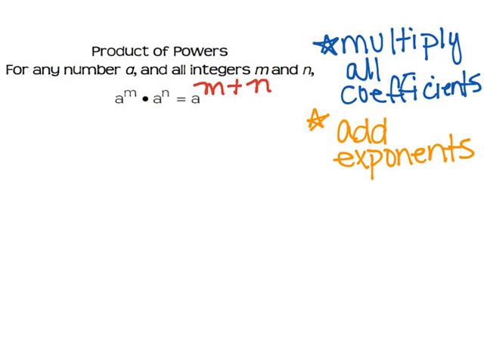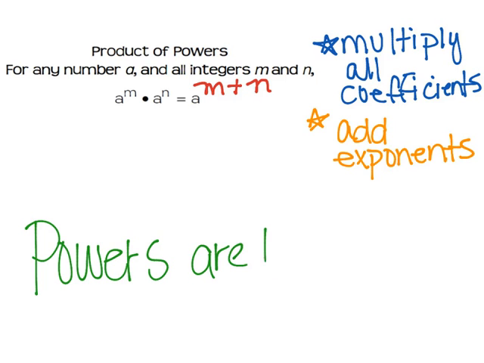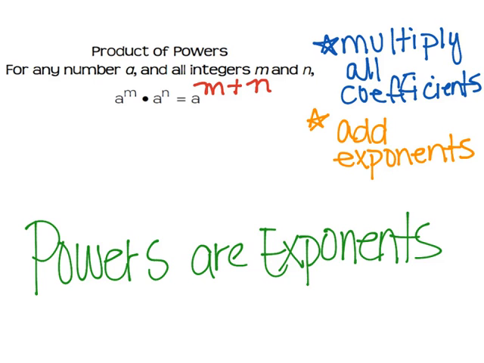And hopefully we all remember from 7th grade math that powers are exponents. So even though we have two different vocabulary terms, they mean the same thing. A power is an exponent and the exponent is a power.